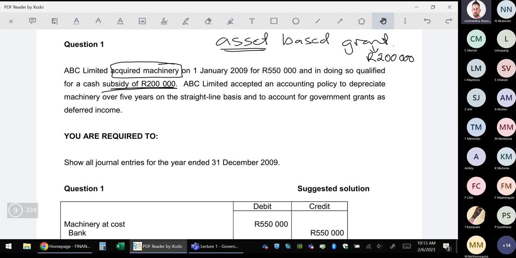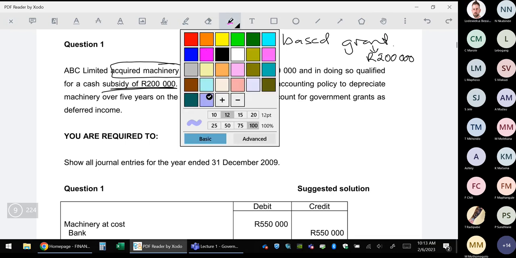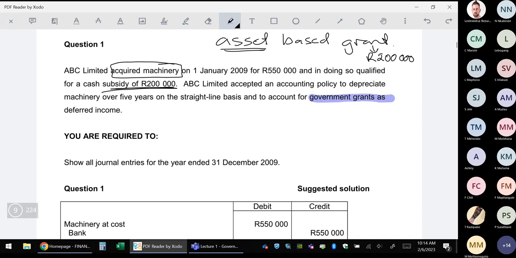The grant will be accounted for as deferred income. So we will calculate depreciation based on the cost, and we will calculate the other income received from the grant each year based on the depreciation rate, because the rate should be exactly the same.